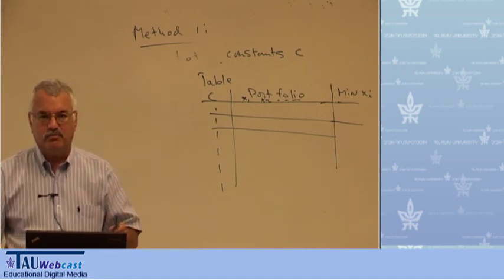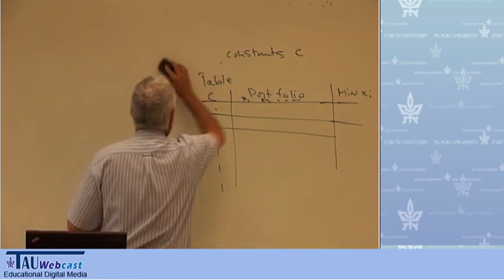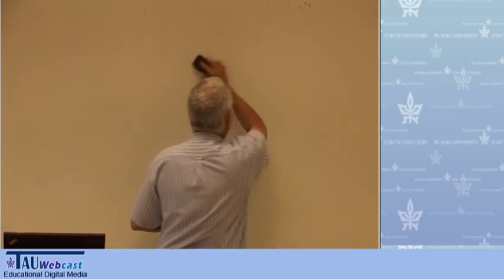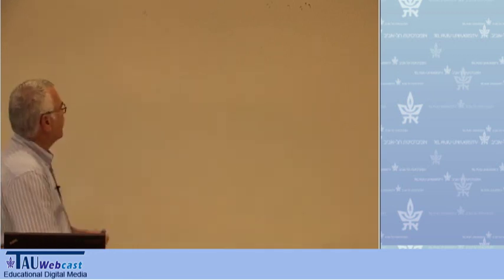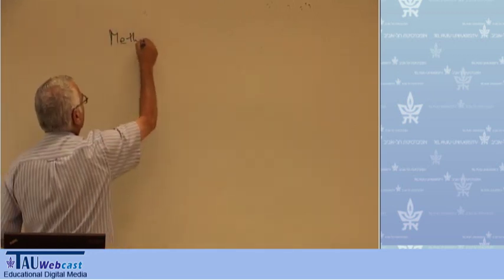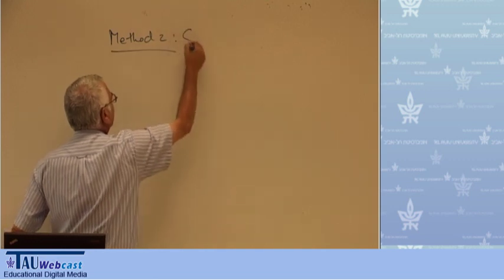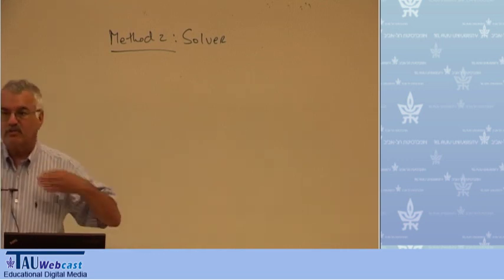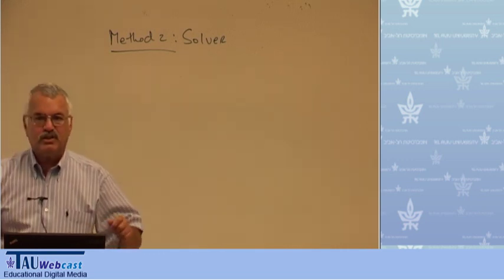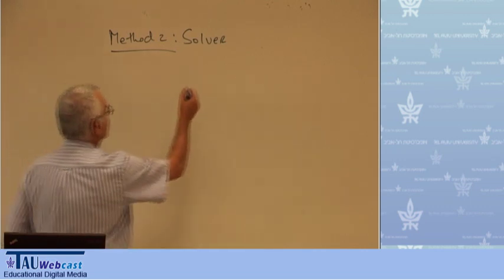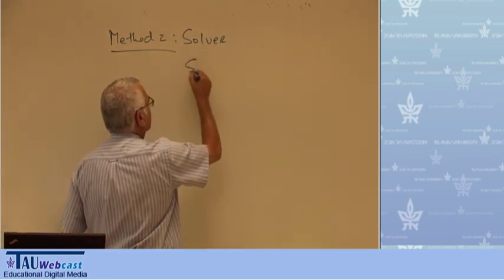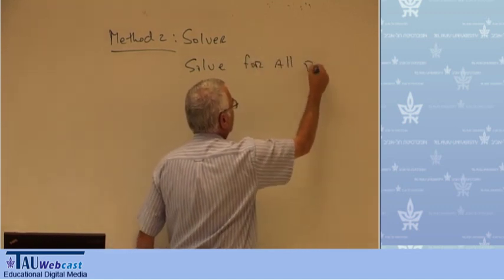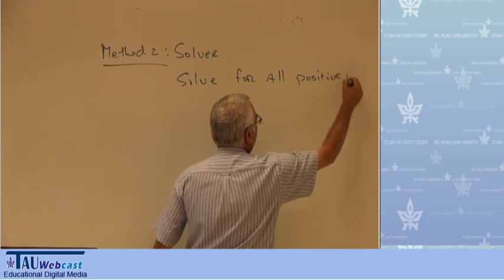The second method would be: you take Solver. And now I'm also going to take Solver. In this method, you take Solver and you solve for all positive portfolios.